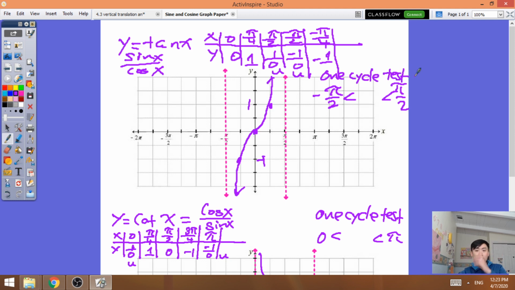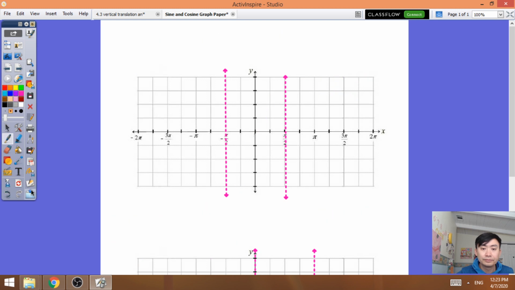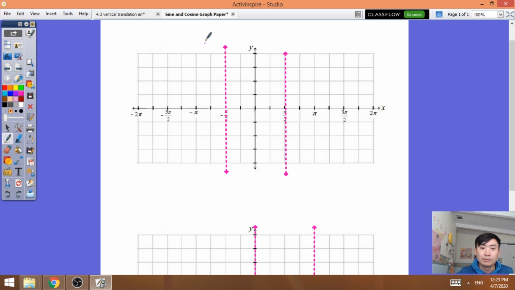So now, for those students wondering, what about the parent graph of secant and cosecant? Okay, so we'll take a look at that in just a second. Let me just clear all the notation. Perhaps I should start with the graph paper again.